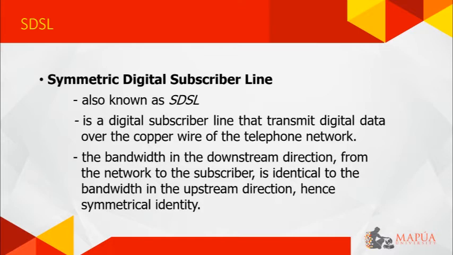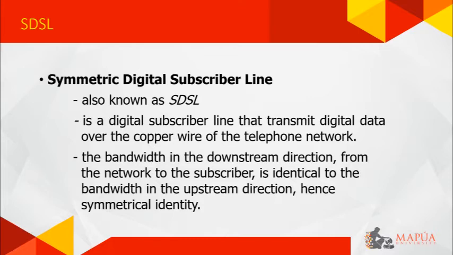The next one is Symmetric Digital Subscriber Line, also known as SDSL. It is a digital subscriber line that transmits digital data over the copper wire of the telephone network. The bandwidth in the downstream direction from the network to the subscriber is identical to the bandwidth in the upstream direction, hence the symmetrical identity.